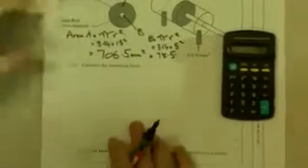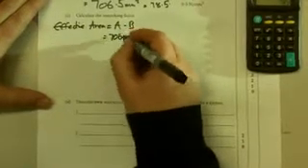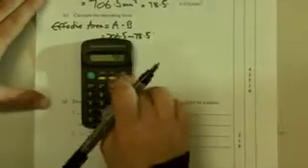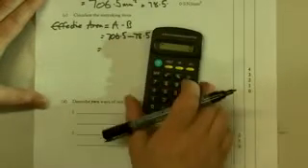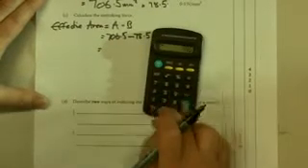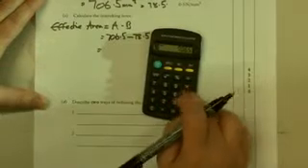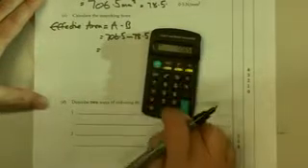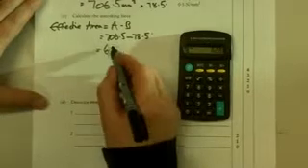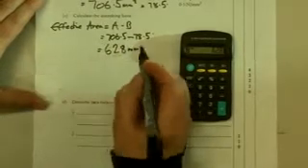So we're now ready to find out the effective area, and it's equal to A minus B equals 706.5 minus 78.5. Put that onto Memory Plus. 706.5 minus Memory Recall equals 628 millimeters squared.